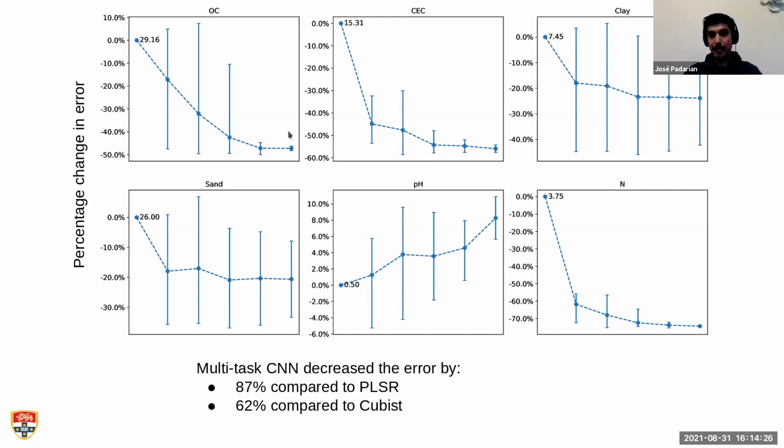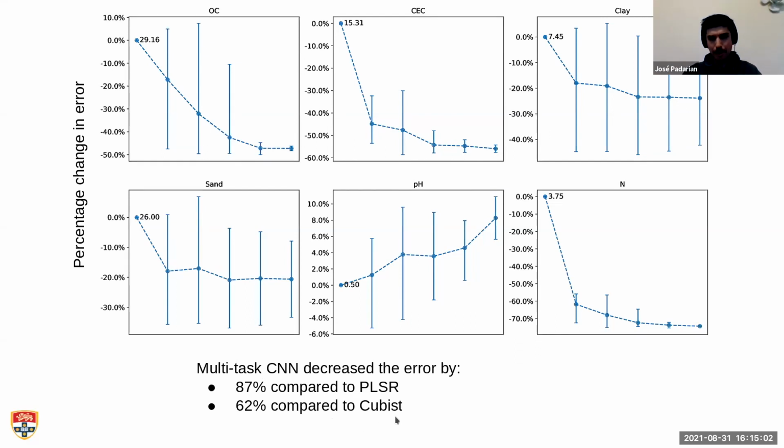And this is particularly important in case of soil organic carbon, which is one of the main properties that we're usually interested in soil science, because it's a good indicator of soil health or soil condition. And compared also, we have here at the bottom of the slide, compare with some methods that are commonly used in soil spectroscopy, like PLSR, we obtain like a huge advantage of using, well, obviously a neural network plus predicting multiple properties simultaneously.